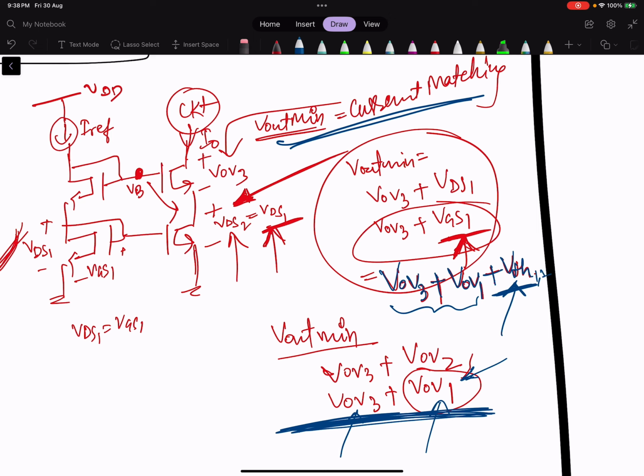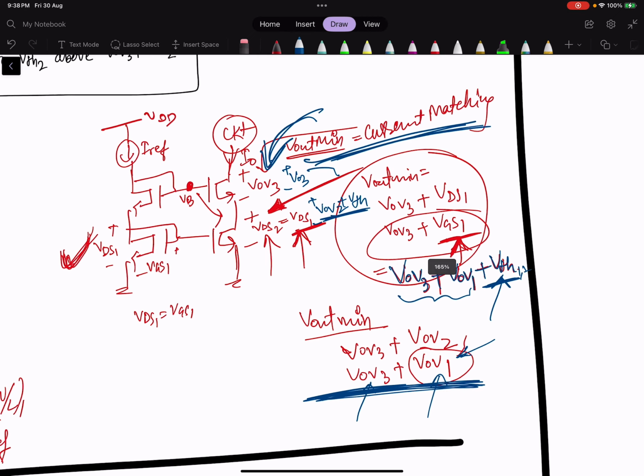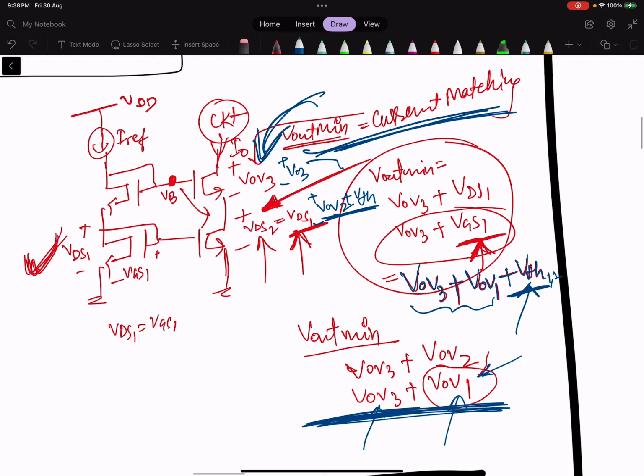So an extra threshold voltage is required at the minimum output voltage V out. The minimum voltage requirement is above the 2 VOVs, VOV3 plus VOV2, and above that we need VTH here. Only then will this work as a proper matching current mirror. So this is the problem in this circuit.